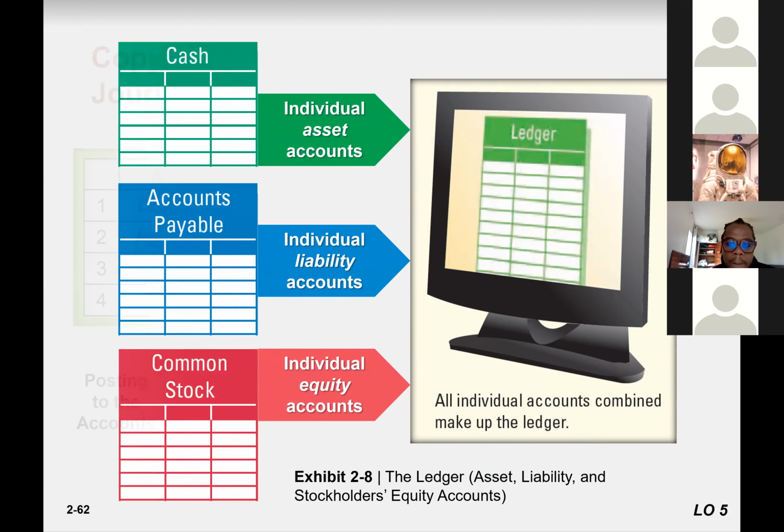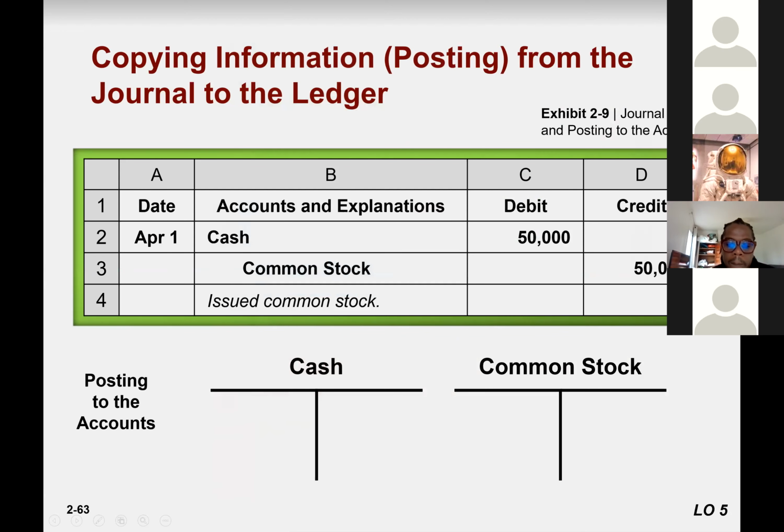These are the individual accounts where we are posting the entry. So let's talk about how we are going to post the entry. See, posting. Before, we recorded the transaction in the journal, and now we are posting the transactions, which means we are entering them in the ledger.